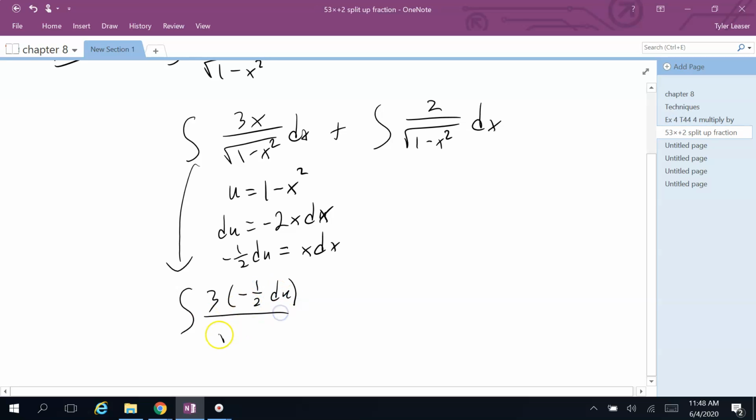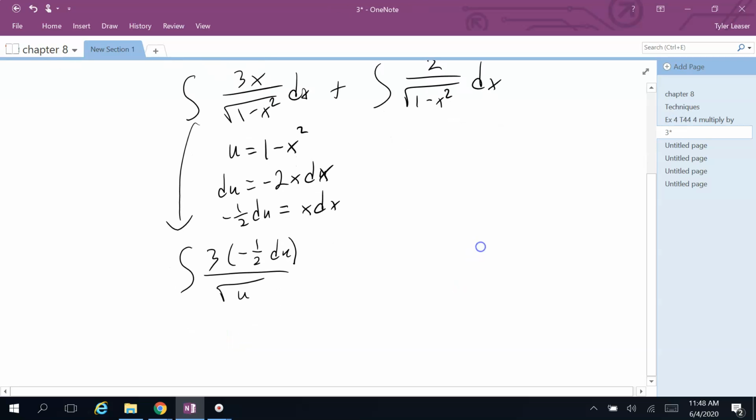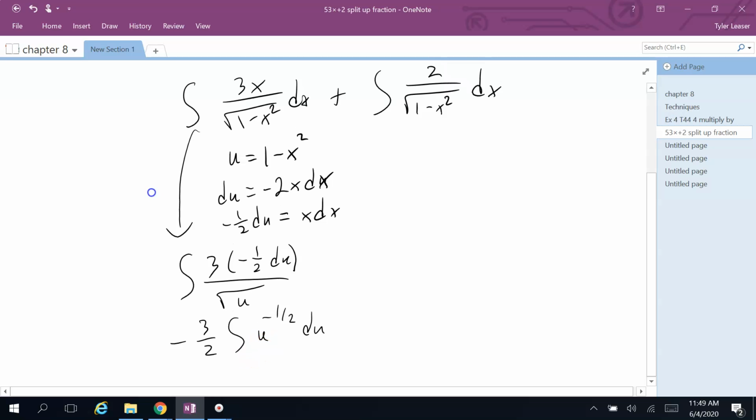And then my denominator would substitute to be the square root of u. Then we could pull the constant out if we really wanted to, the negative 3/2. This u in the denominator, I'm going to rewrite to be u to the negative 1/2, and then we can just do the antiderivative. So we'll come back to this one in a minute. Let's start working on the other one.